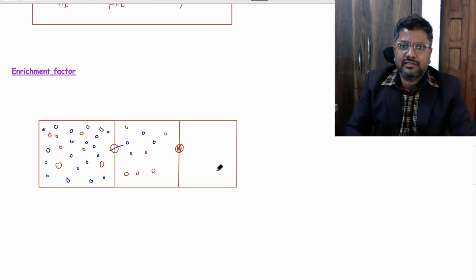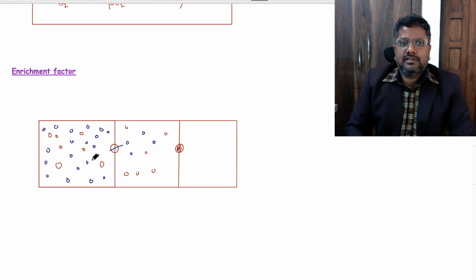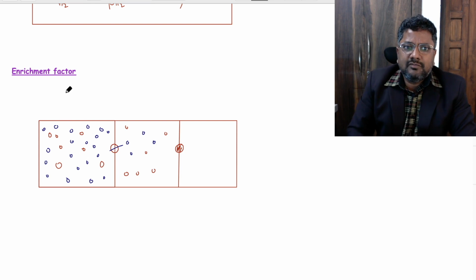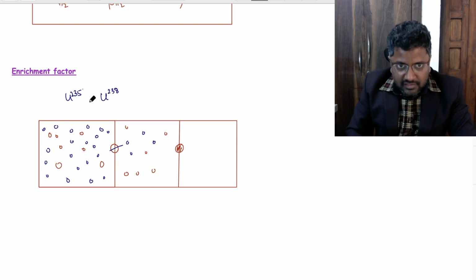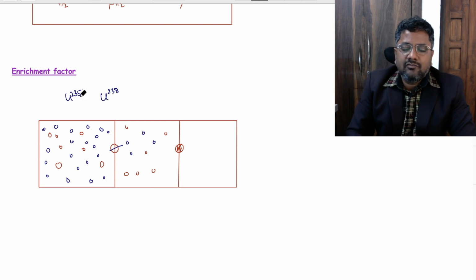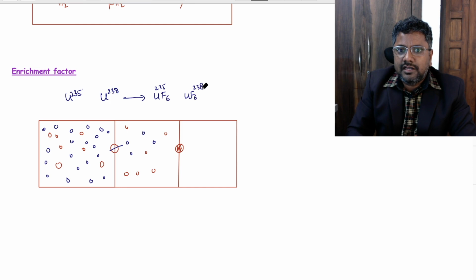See here, I have shown three chambers. First, we have uranium 235 and uranium 238, both solid. So first we convert this into a gaseous substance. On fluorination, you will get UF6 235 and UF6 238, both gaseous, right?